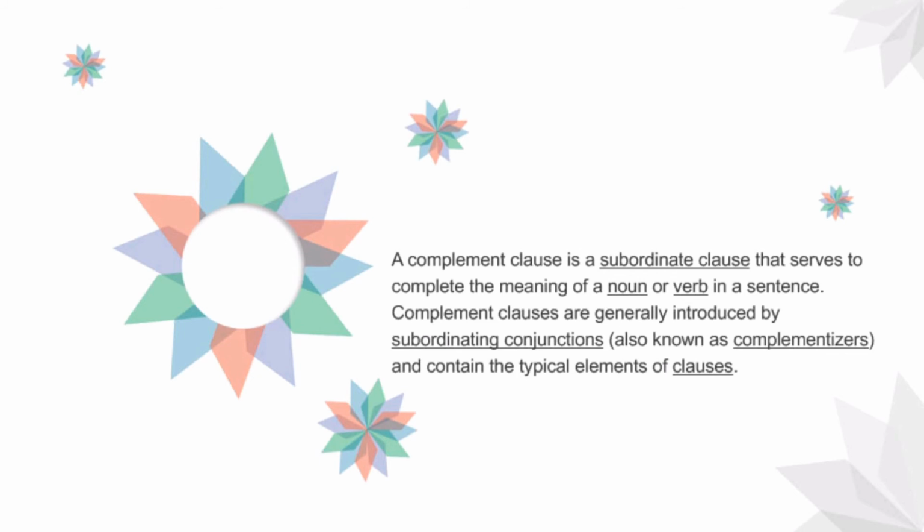So, the conclusion is a complement clause is a subordinate clause that serves to complete the meaning of a noun or verb in a sentence. And complement clauses are generally introduced by subordinating conjunctions, also known as complementizers, and contain the typical elements of clauses.